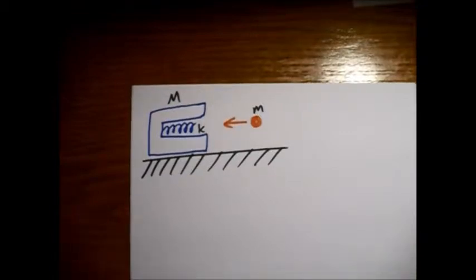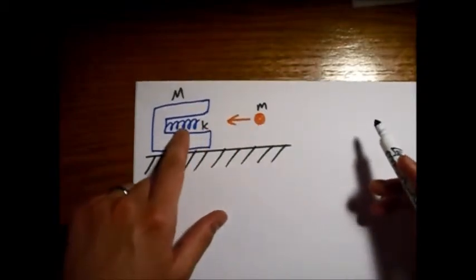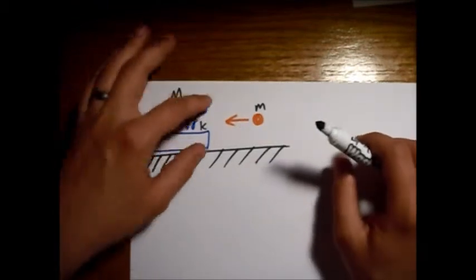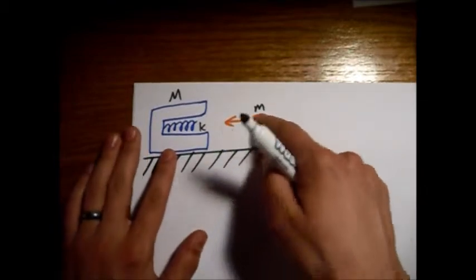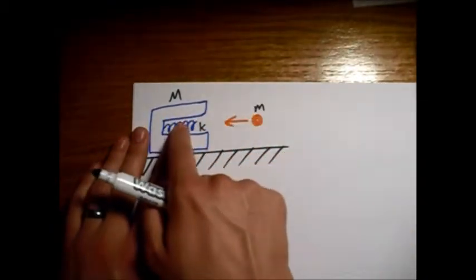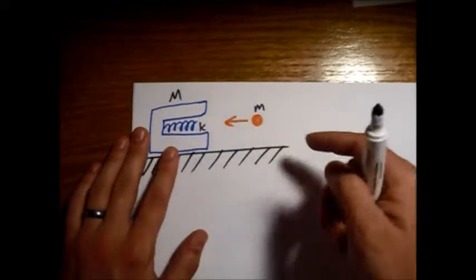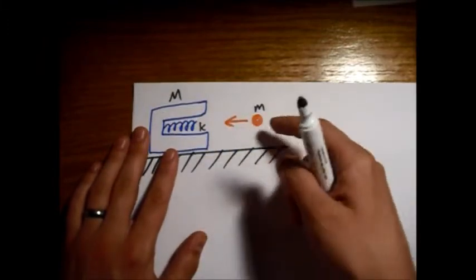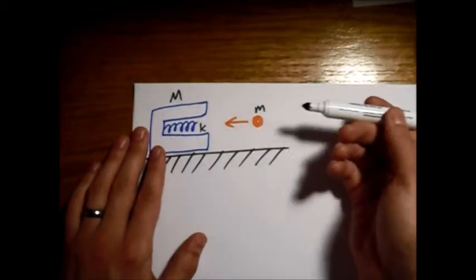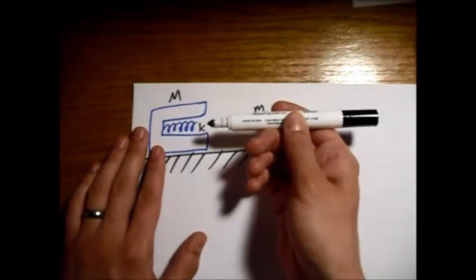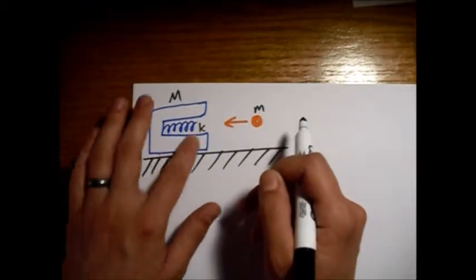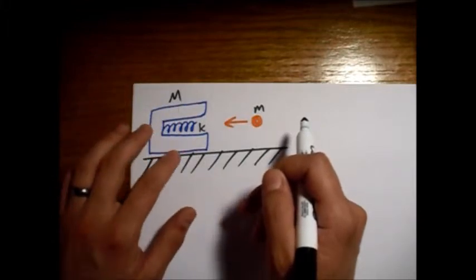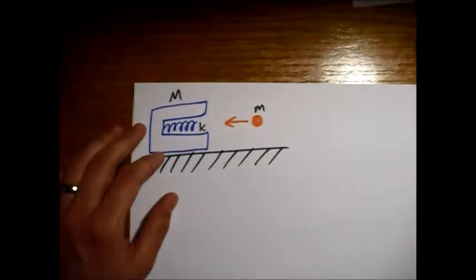If you were to look at motion just relative to the big mass, it's going to come in, reach the maximum point, and then start moving the other direction. Say if this is the positive direction, it will reach a maximum velocity with respect to the large mass.